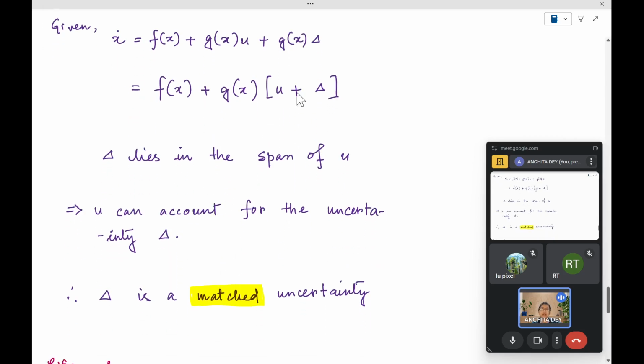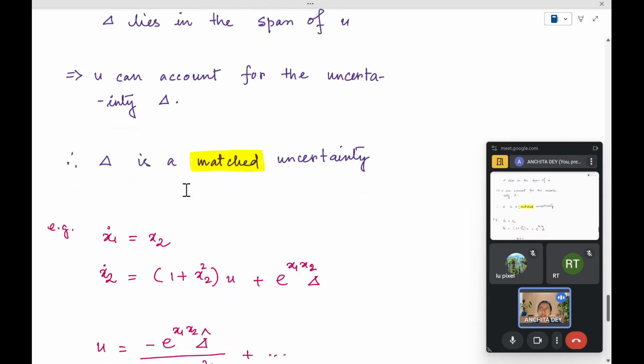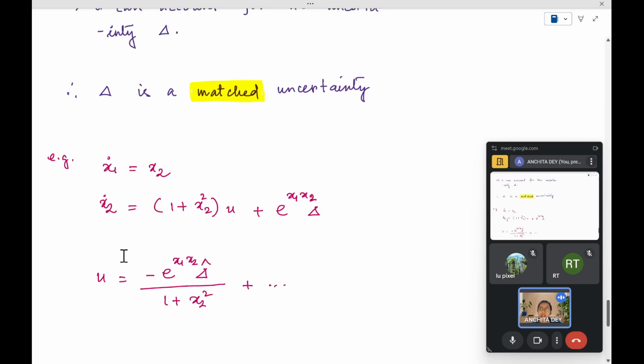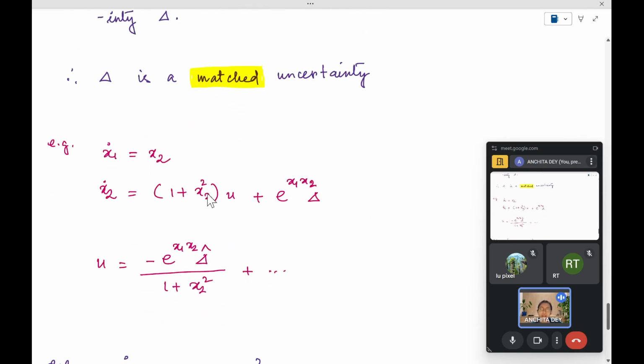That means delta here is a matched uncertainty. Why is it matched? Because you could match it with something to cancel its effect, right? So if we take an example, say x1 dot equal to x2 and x2 dot equal to 1 plus x2 square into u plus e to the power x1 x2 into delta. Okay.